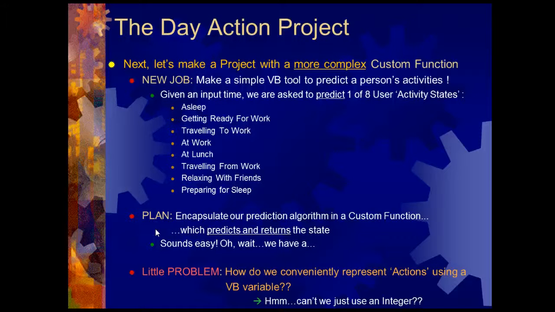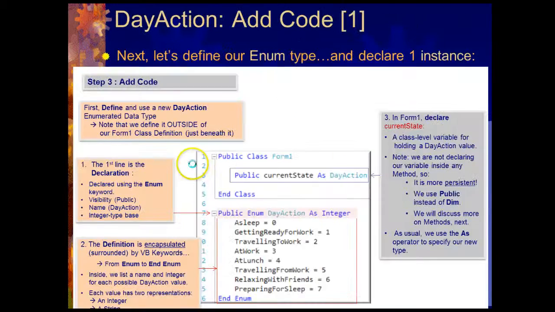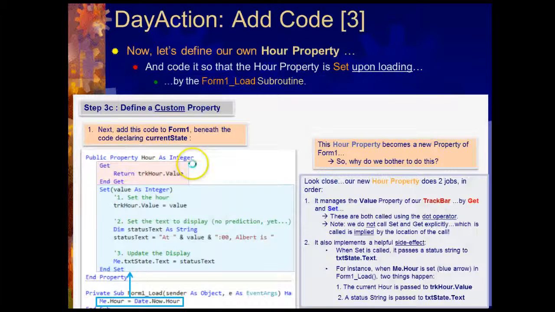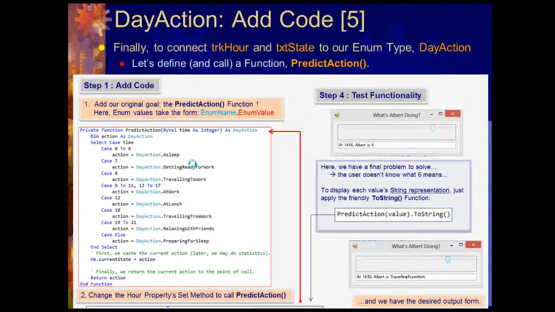Okay, now we're going to talk about your homework, the day action project. So let's make a project with a more complex custom function. We have a new job: make a simple VB tool to predict a person's activities. We saw what we're going to make. It works like this.